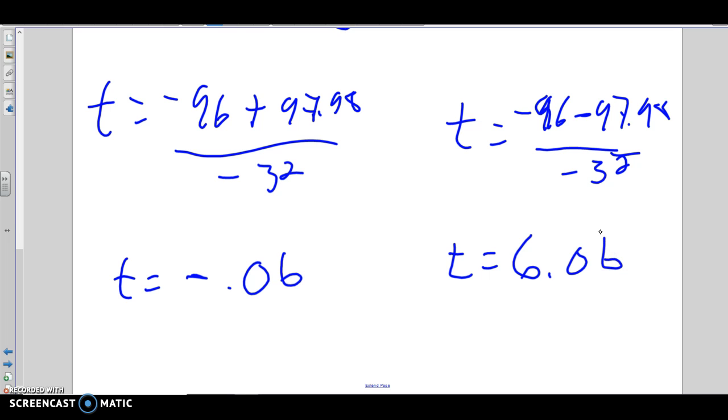Now again, we need to think about this contextually. The negative 0.06 cannot happen. I cannot go back in time, and that's what the negative is indicating if time is our x-axis.